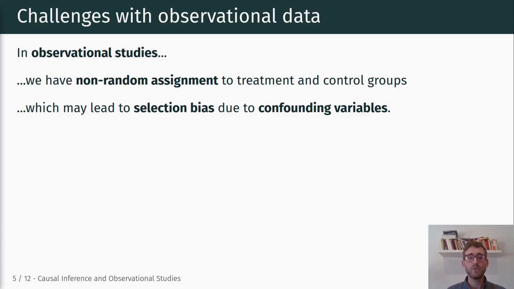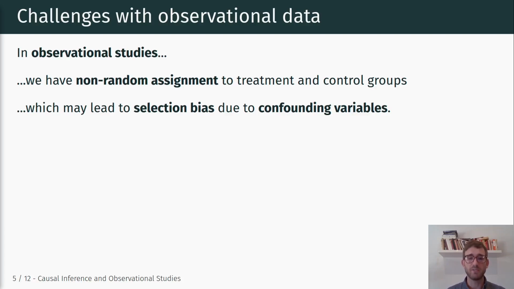If other characteristics are related to whether observations end up in the control or treatment group, and those confounding variables are also related to the potential outcomes we're interested in, then we will induce bias.